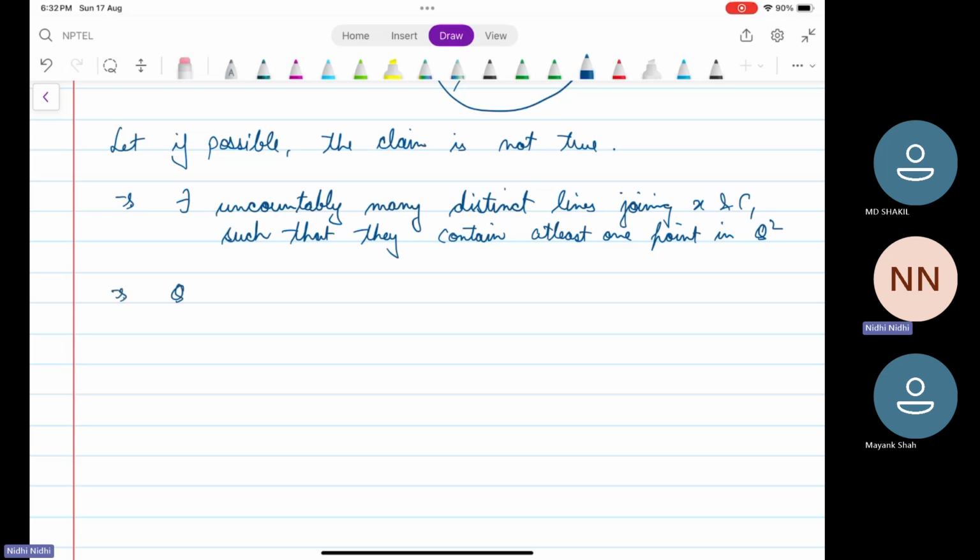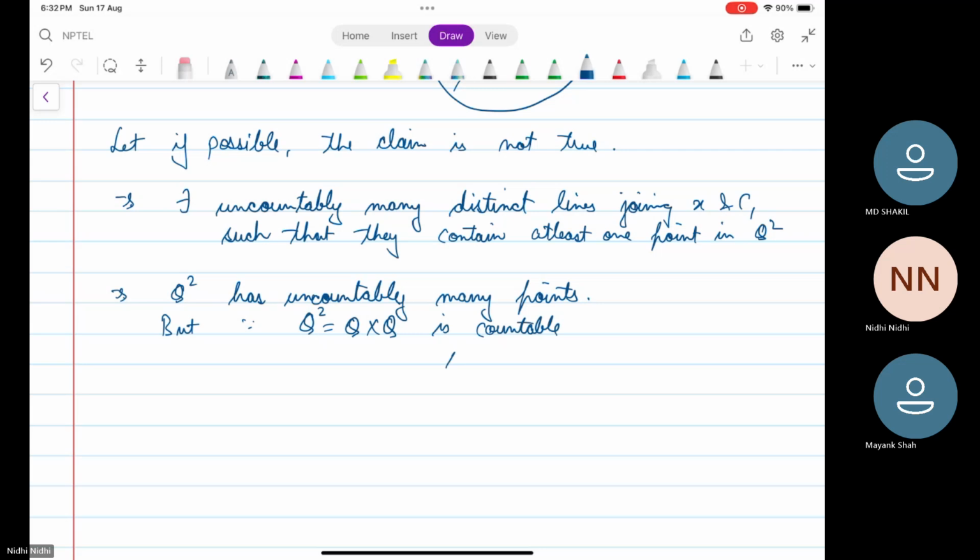This implies, because all the lines were distinct, Q2 has uncountably many points. But since Q2, which is basically Q cross Q, is countable, this is not true.